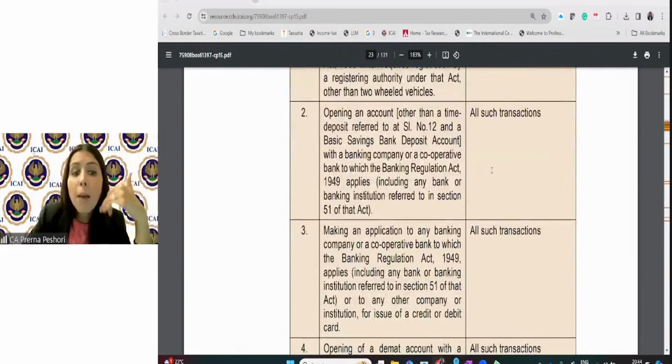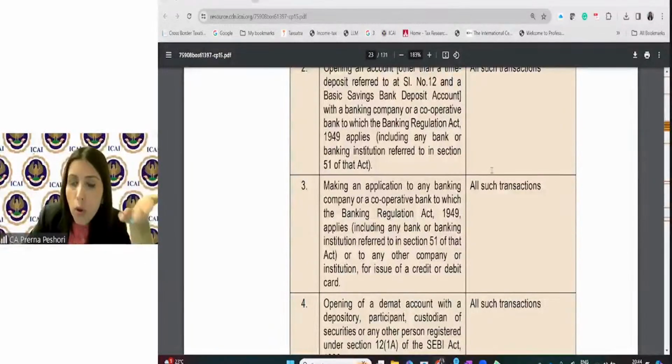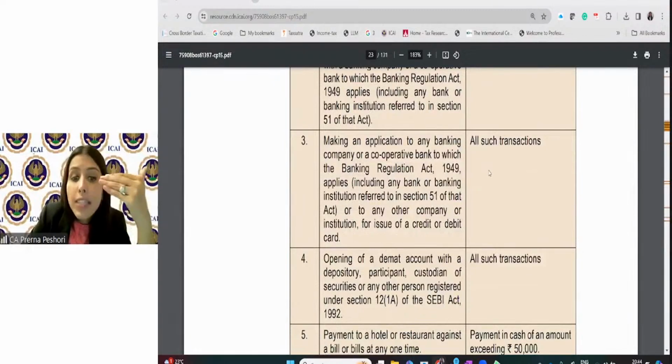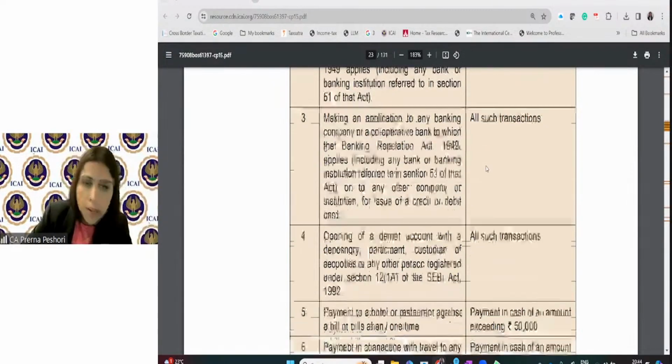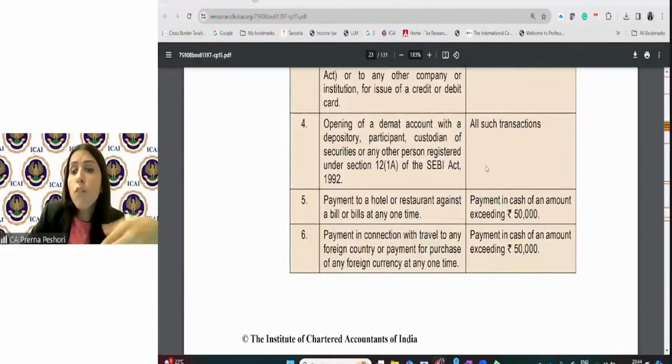Then making an application to any bank for the issue of a credit or debit card, you're required to quote your PAN. Opening a demat account, you're required to quote the PAN. Payment of more than rupees 50,000 in cash to a hotel or restaurant. If you pay in cash more than rupees 50,000 to any hotel or restaurant, you need to quote your PAN.